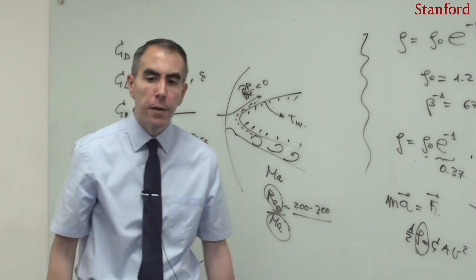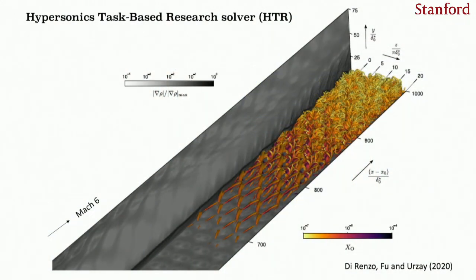For instance, here on the screen you can see a calculation also carried out with the HTR code, where you can see a Mach 6 transitional boundary layer, and what we're plotting are isocontours of the Q criterion, colored by the molar fraction of atomic oxygen. So this is a boundary layer in which we have air dissociation.